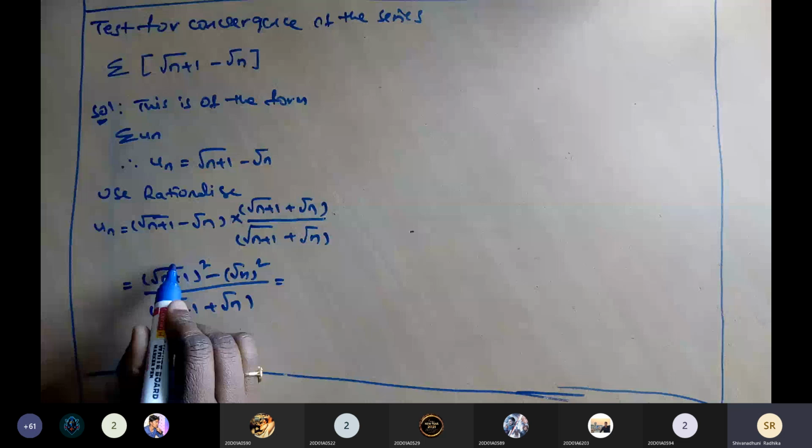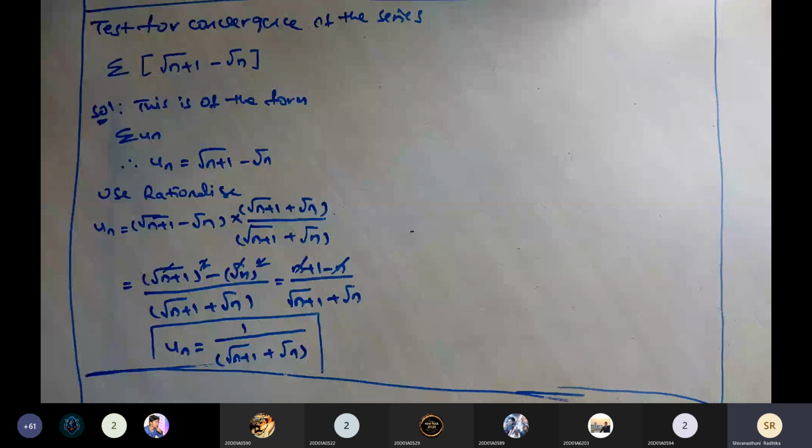Now we need to choose the Vn term. How can we find the Vn term here? We take the common factor of the highest power of n in the numerator and denominator, and after any cancellation we get the Vn term. In the numerator we don't have any term of n.